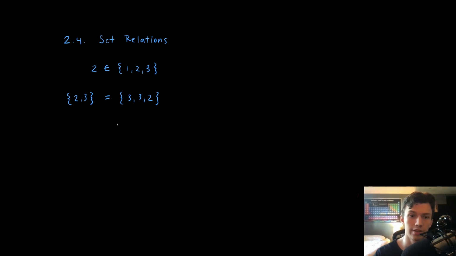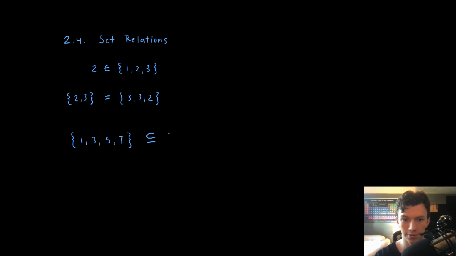The last one is the subset relation, and this is pretty intuitive, so I'm going to do it by example. {1, 3, 5, 7} is a subset. It's almost like a less than or equal to sign, but instead of a sharp notation, it's a circular one.